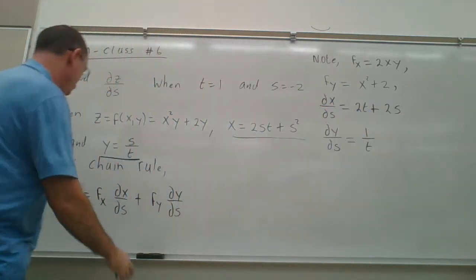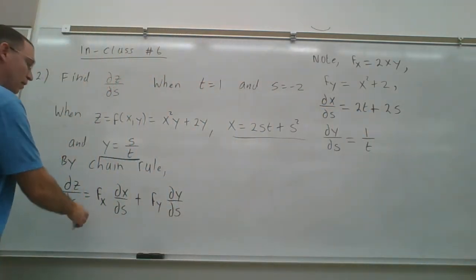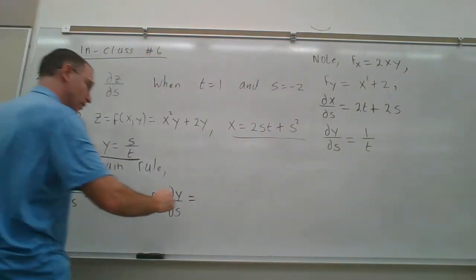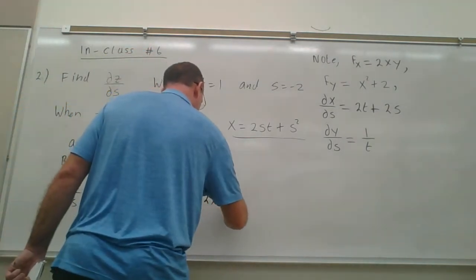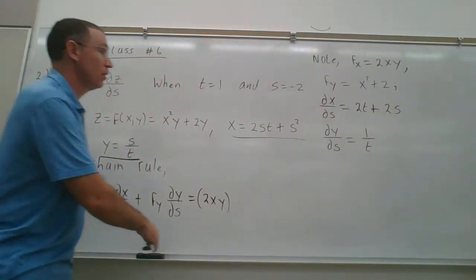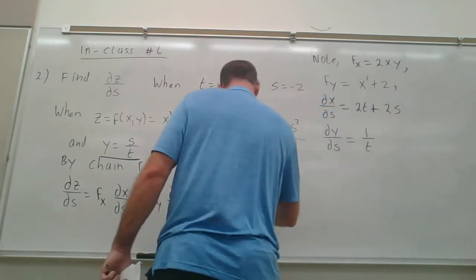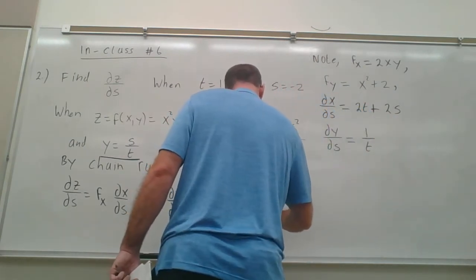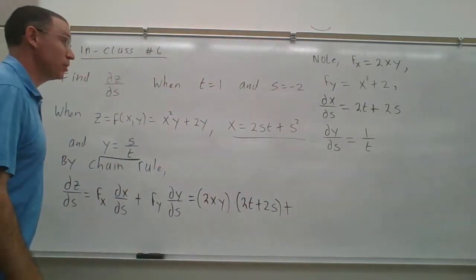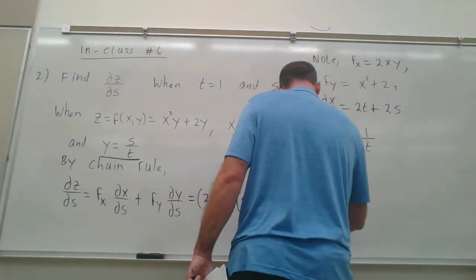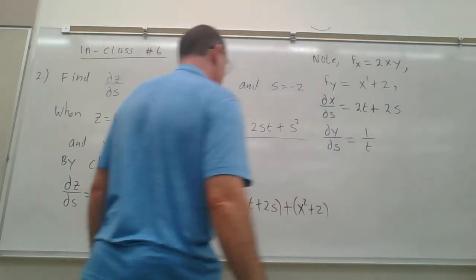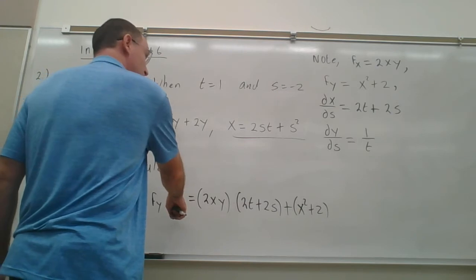Okay, so making those substitutions into my chain rule, we'll have f_x, which is 2xy, times partial x with respect to s, which is 2t plus 2s, plus f_y, which is x squared plus 2, times partial y with respect to s, which is 1 over t.